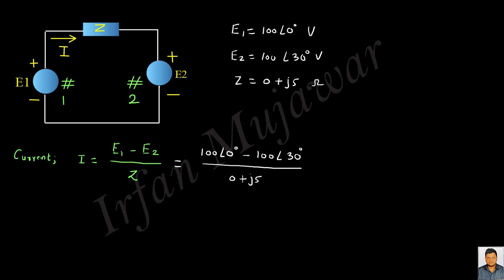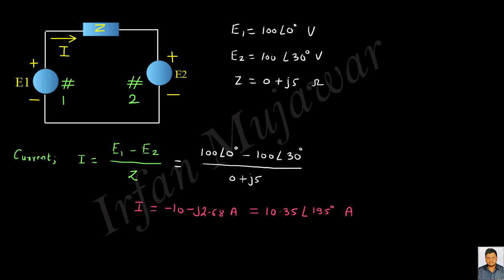If you solve this, we will get the current as minus 10 minus J2.68 amperes in rectangular form. If I convert this to polar form, I will get 10.35 at an angle of 195 degrees amperes. That is the current that will flow from E1 to E2.